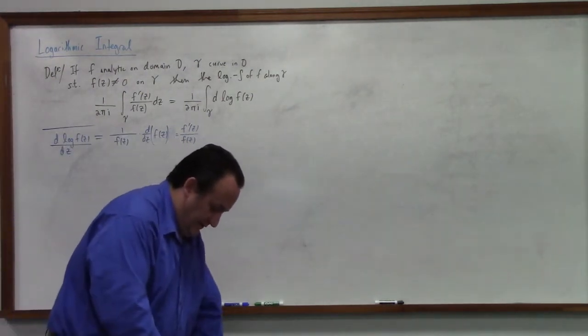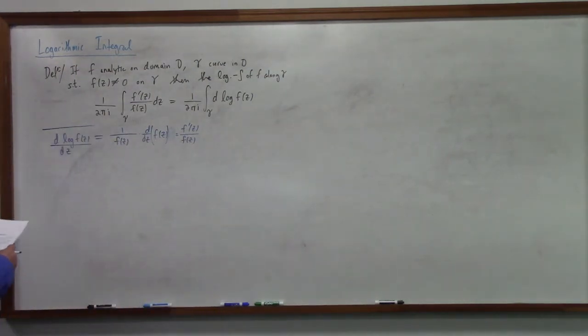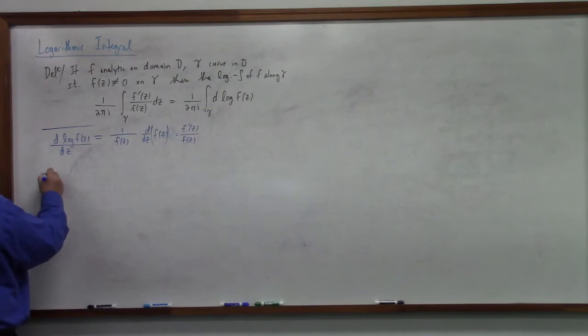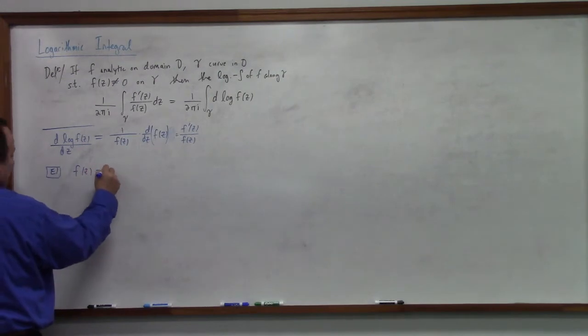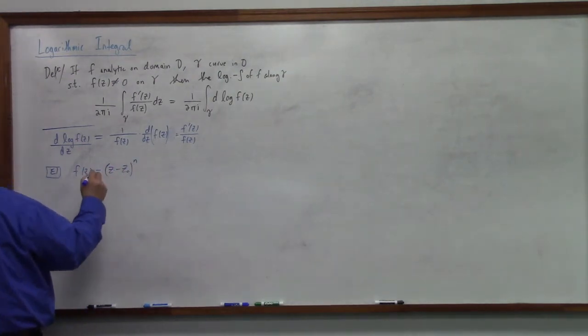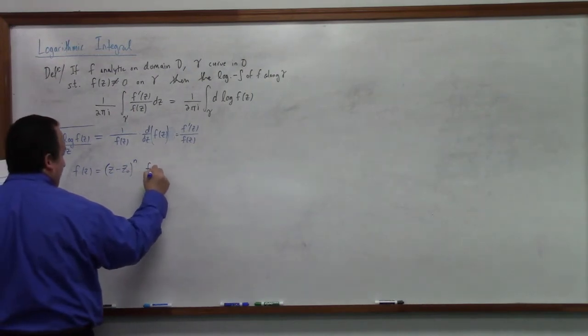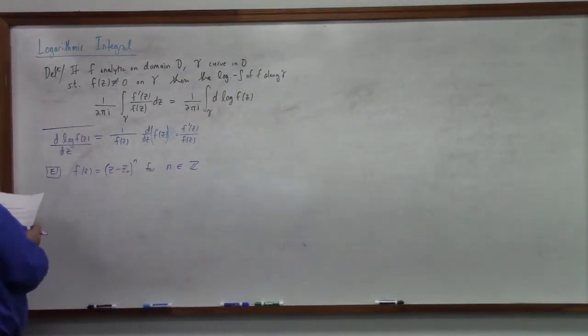So let's see here. Warm up calculation. Example 1. Let f of z equal (z minus z naught) to the power n, for n some integer, all right?